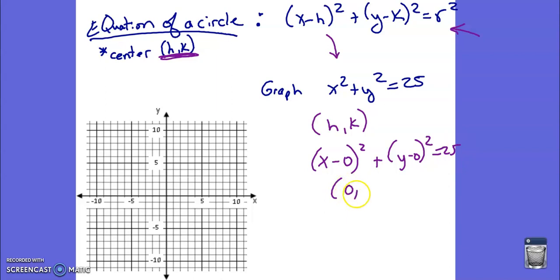So in this problem, (0, 0), the origin, is the center of the circle. And of course, this is 25, and remember the formula says r squared, so that means the radius is actually 5. So if I ask you to graph that, this is the center, and you go 5 spaces over, 5 spaces over, that's the radius, and that's going to be a circle.